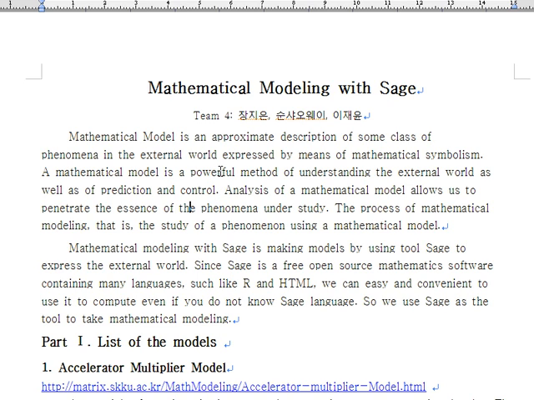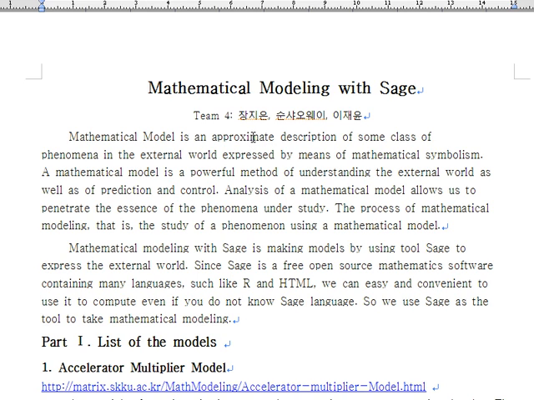Mathematical models are a powerful method of understanding the external world, making predictions about the future, and helping us make decisions to control it.